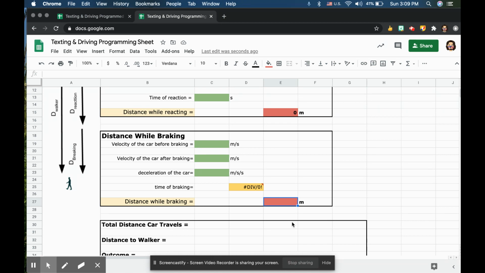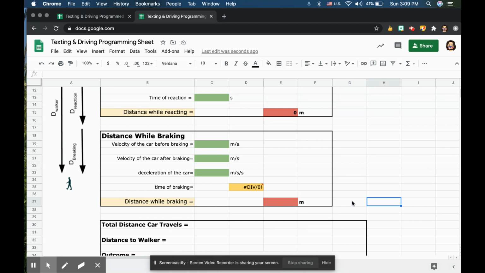So for this cell, the equation is a little bit more difficult than the other ones. It's not a simple one. So remember, distance of braking is equal to 1/2 acceleration times time squared, plus initial velocity times time. If I am talking about this as an equation, I'm going to go over here real quick.